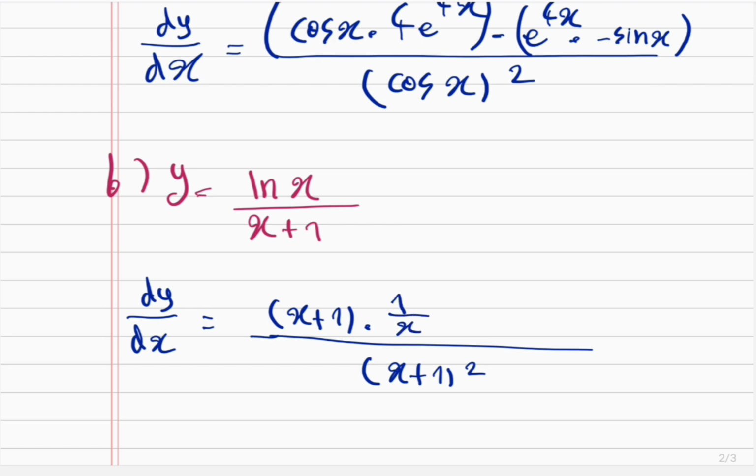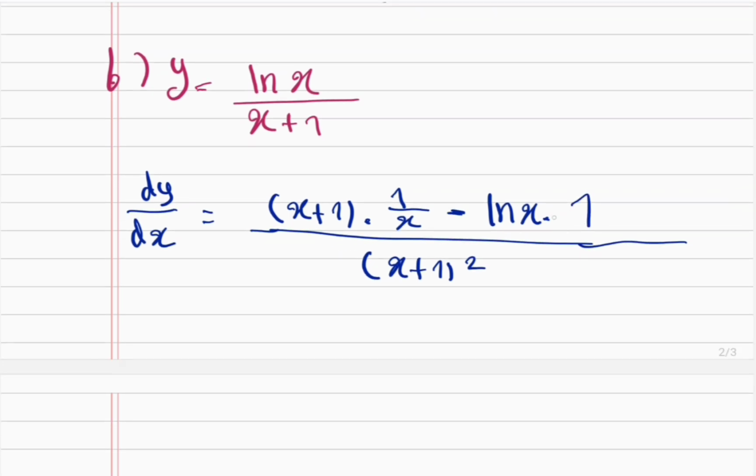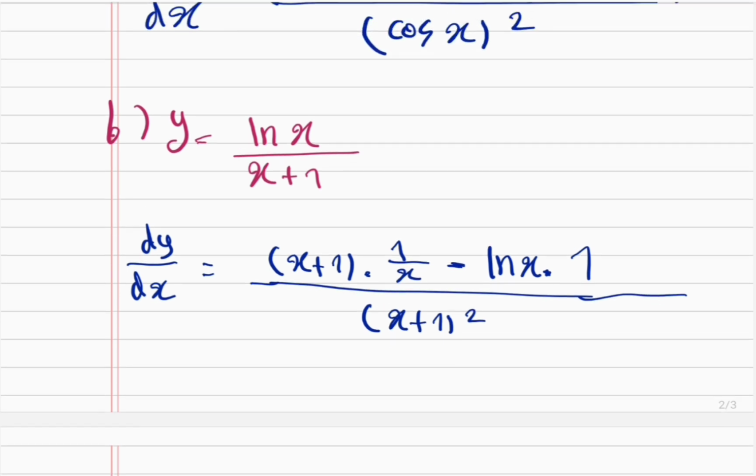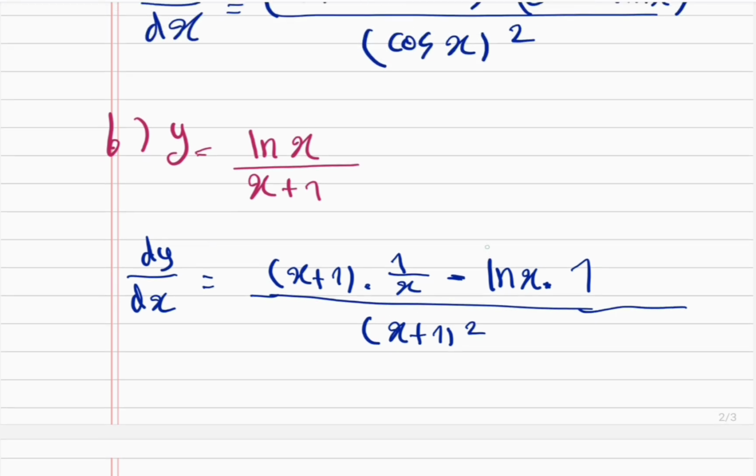So I have an entire video about these log differentiations. Then we do minus, then the numerator function, which is ln x, times the derivative of the denominator function. So the denominator function, just because it's x plus 1, it just differentiates to 1. It's very simple.